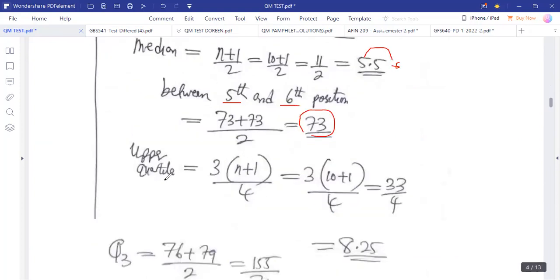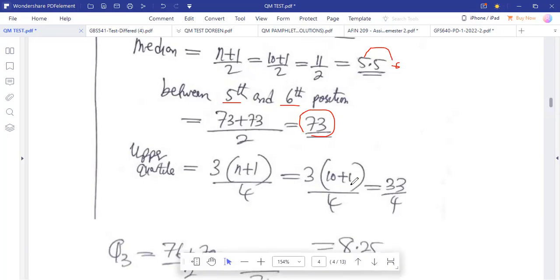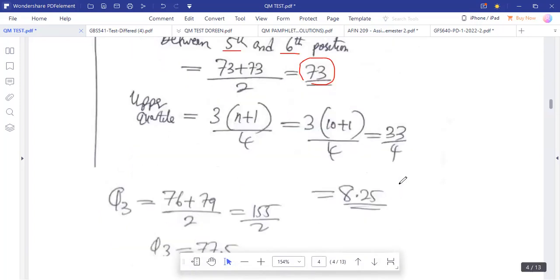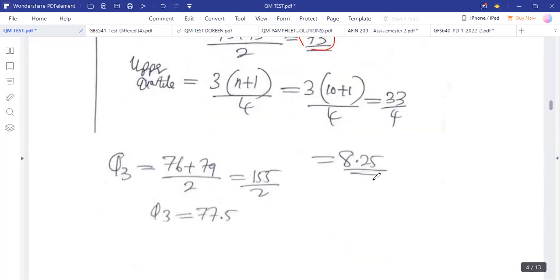You do this for the upper quartile as well, 3 quarters of n plus 1. When you get 8.25, you just get the eighth number directly, which was 76.